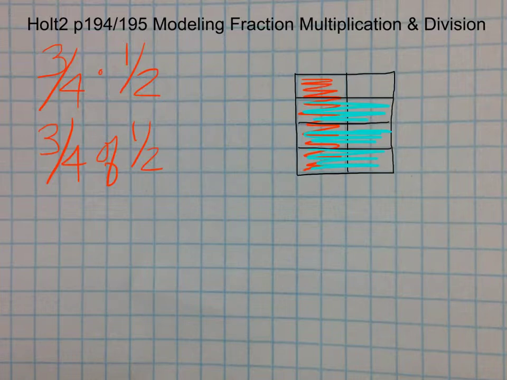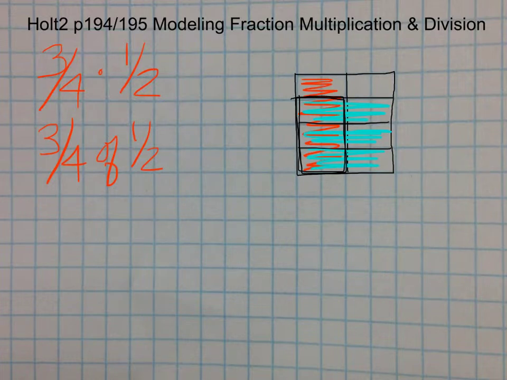Now, the 3/4 of the 1/2 is going to be the portions where both colors are shaded in. So the 3/4 of the 1/2 that we're talking about is this area here.